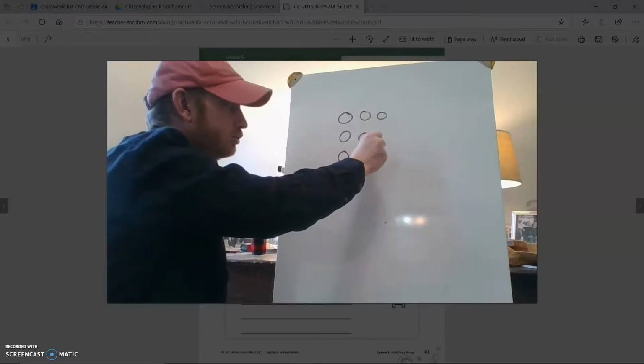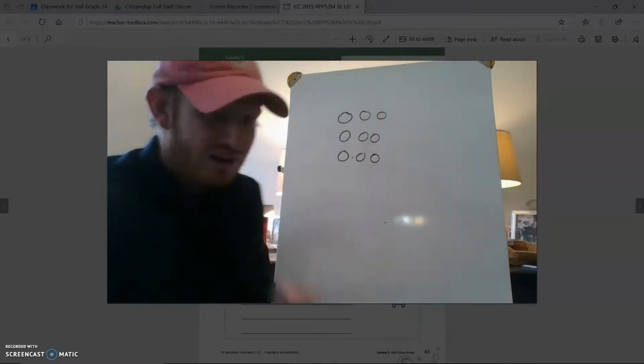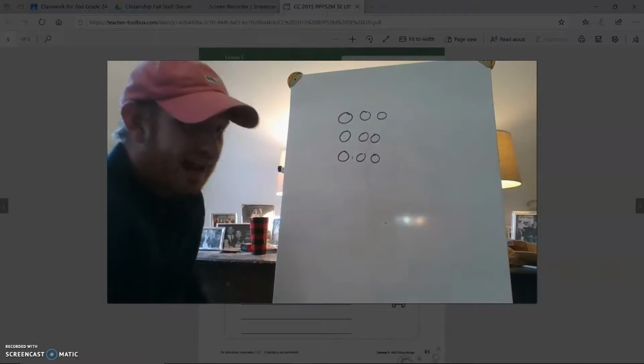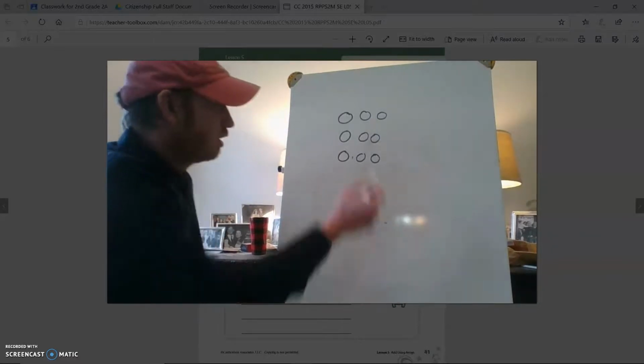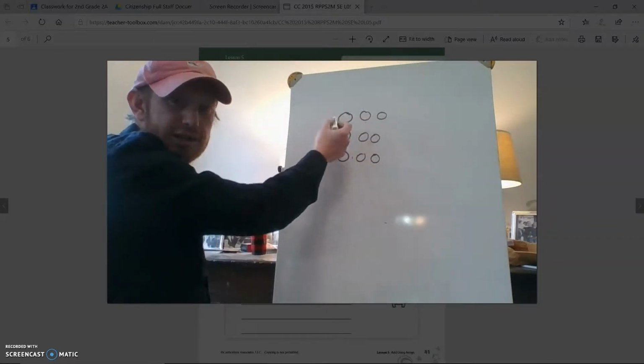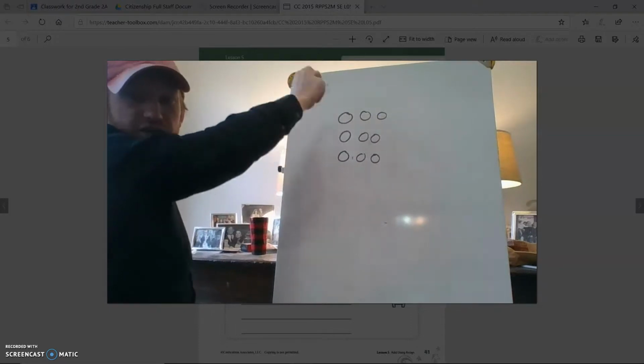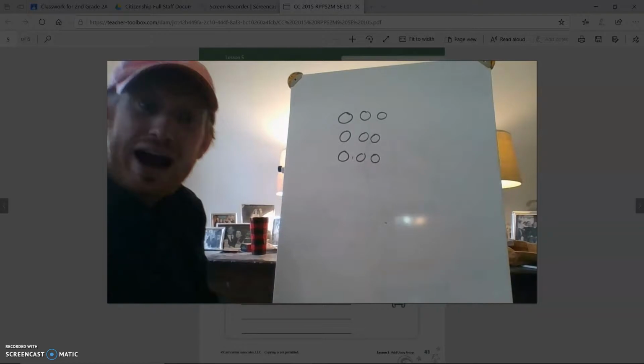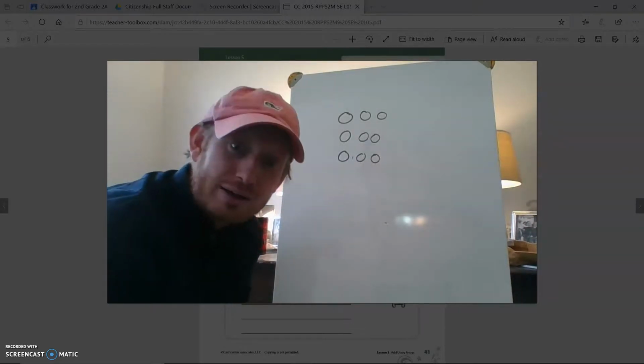1, 2, 3. Now this is a little bit of a trick question because while we can make 2 number sentences, one by going vertically and one by going horizontally, because of this specific array, those are actually going to be the same thing.